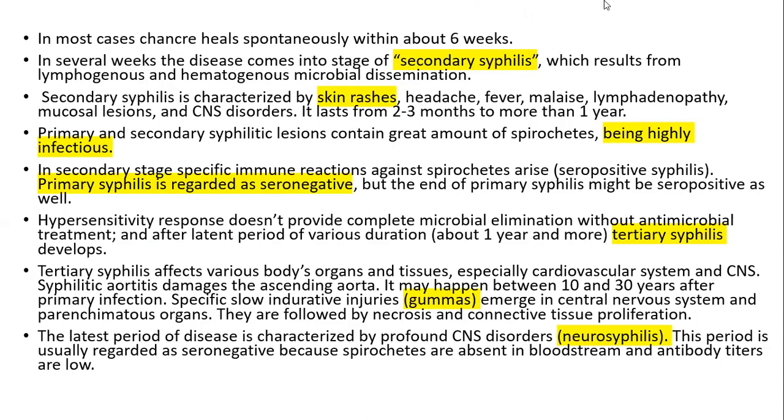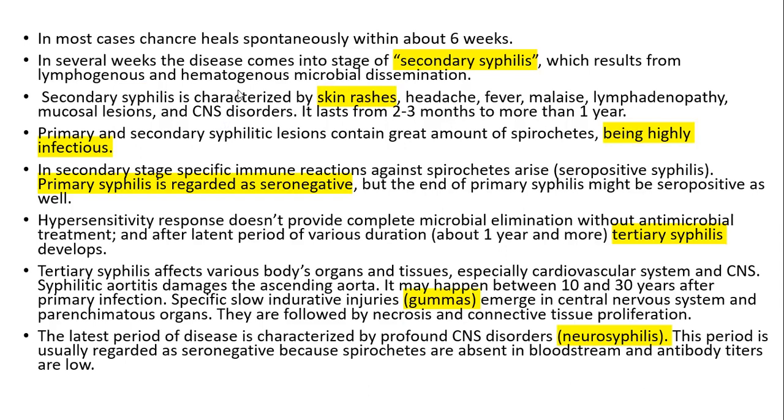So the hard chancre is primary syphilis, which continues about 4 to 6 weeks. The second stage, secondary syphilis, results from lymphogenous and hematogenous microbial dissemination.